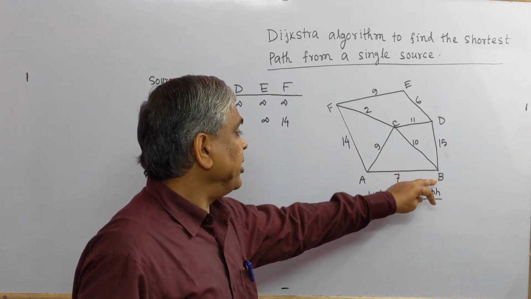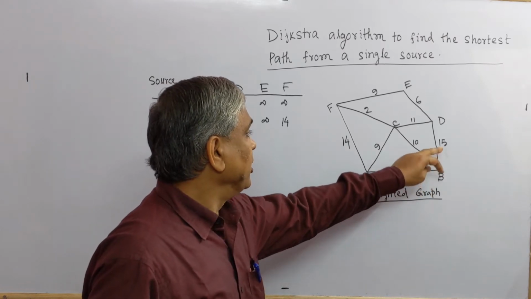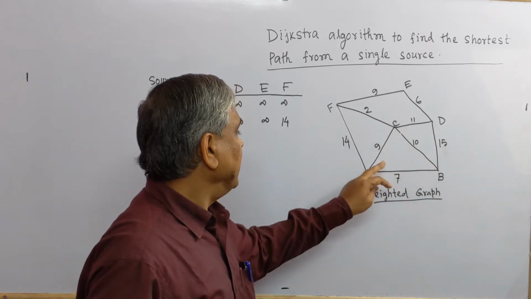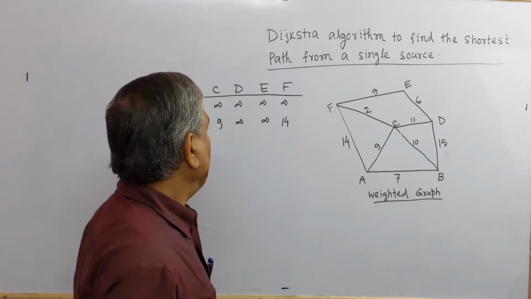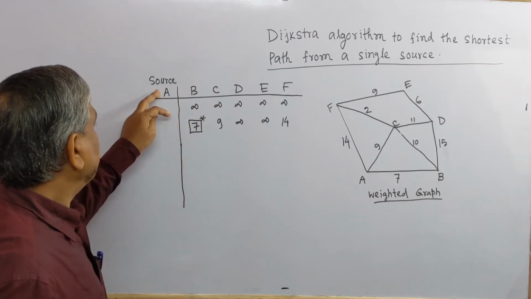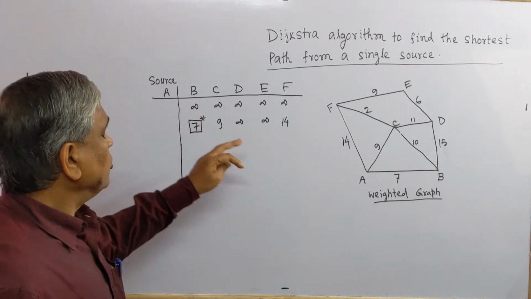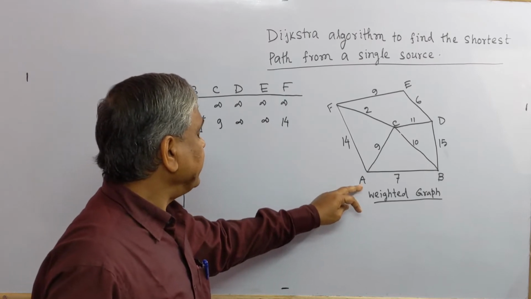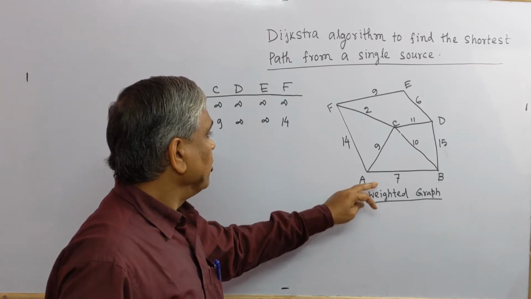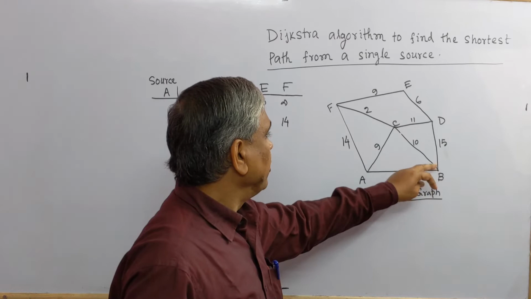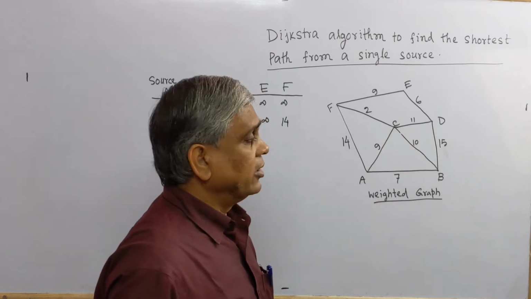Since adjacent vertices of B are D, C and A, and we already have the source A, we do not write for A, we will write for D and C.